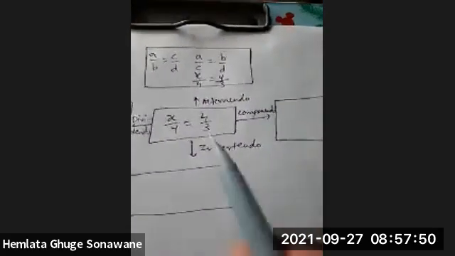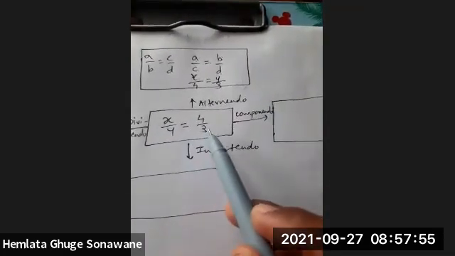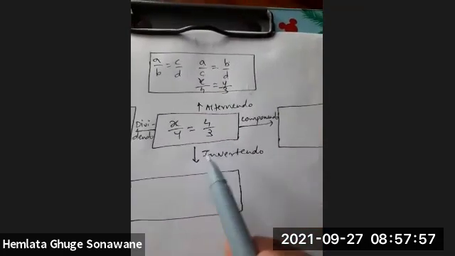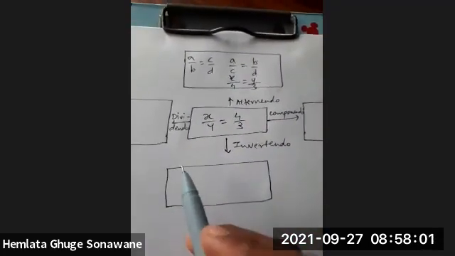Now we have to write down x upon y is equal to 4 upon 3 by applying the property of invertendo. What is the property of invertendo?